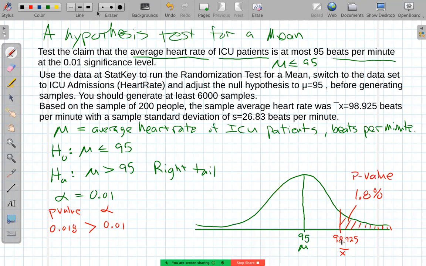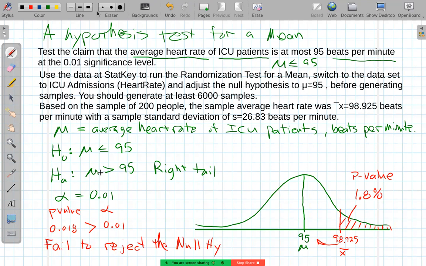So what does that mean? It means 98.925 is close enough to say, yeah, it's still around 95. It's just a little bit higher, not much higher. So in this case, because my p-value is large, my decision is to fail to reject the null hypothesis. What does that mean, fail to reject it?